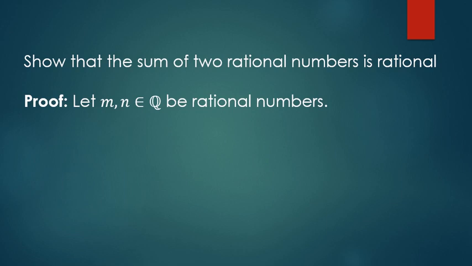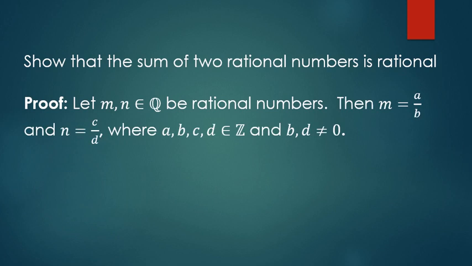But first, let's take the fact that m and n are rationals on their own and essentially state what that means. What is the definition of a rational number? From our previous video, we said that a rational number is the quotient of two whole numbers, such that the number on the bottom is not zero.